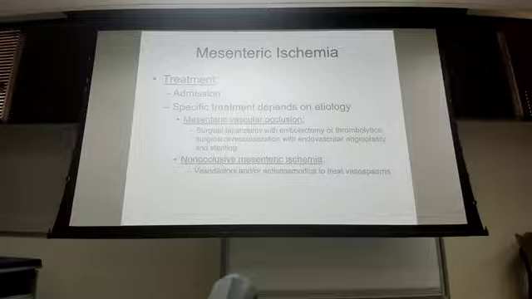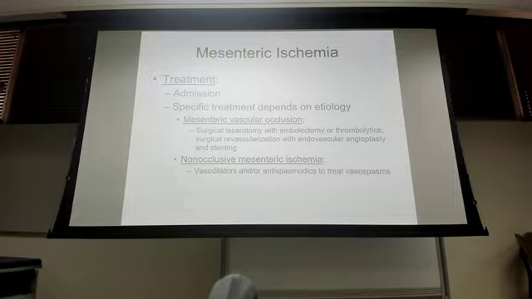We correct whatever's causing the decreased blood flow. We'll get a surgical laparotomy with embolectomy or thrombolytics if it has vascular occlusion, or surgical revascularization with a vascular angioplasty and stent. If it's non-occlusive, i.e. it's coming from spasms, shutting down the blood flow, we can use vasodilators and antispasmodics.